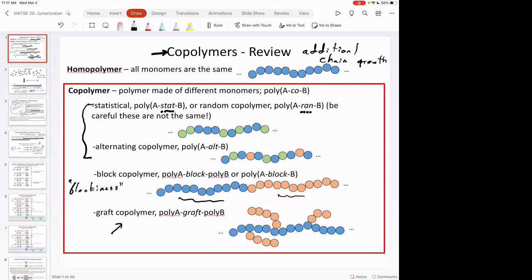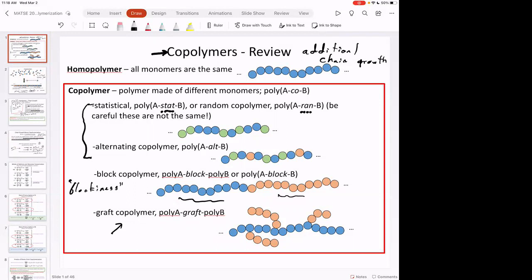Some people talk about things like bisphenol A polycarbonate as a copolymer of bisphenol A and phosgene. That's fine. That's a perfectly alternating copolymer, but we really don't describe step growth polymers the same way as we're going to describe these chain growth copolymers. And so that's something to keep thinking about, and it'll be obvious once we start to discuss the chemistry.